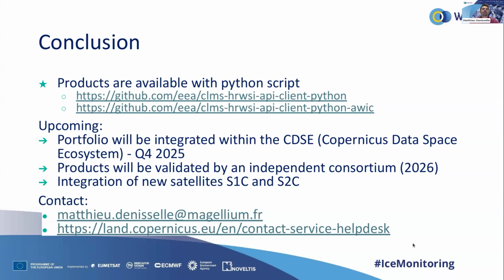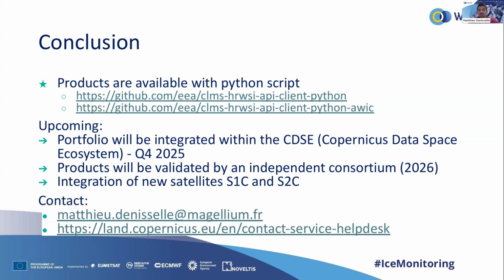The conclusion here is that products are already available with a Python script, which is available on GitHub, on EA's GitHub. So all the products are available with the first Python script, and A-week is distributed with a different Python script. You should know that the portfolio will be integrated in the CDSE by the end of the year, and that our products will be validated by an independent consortium next year.